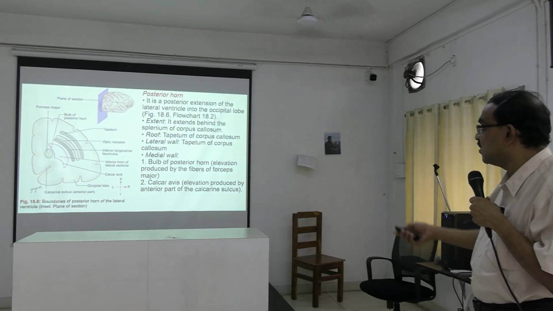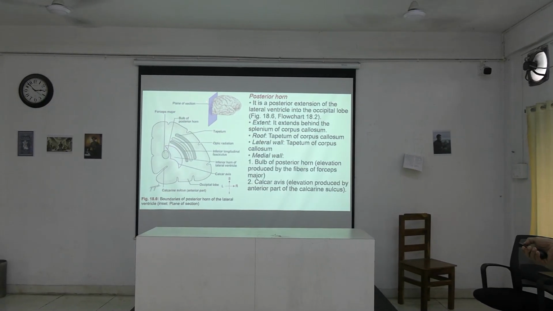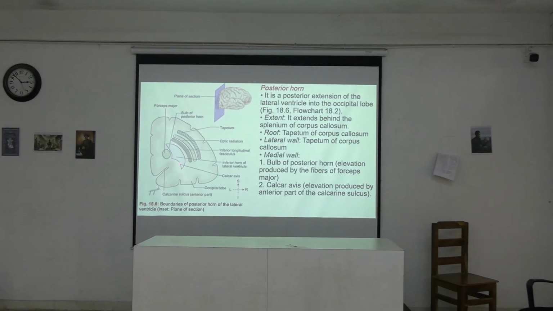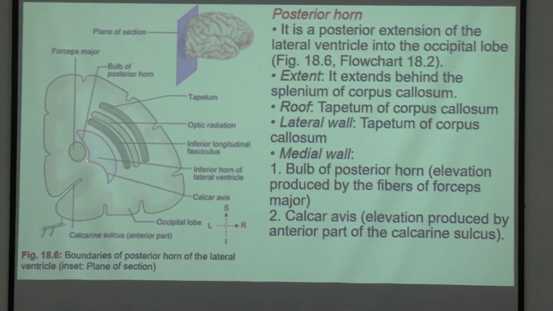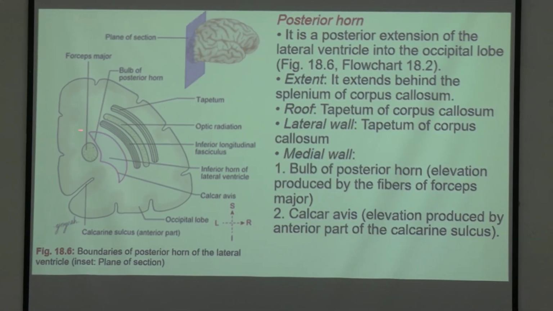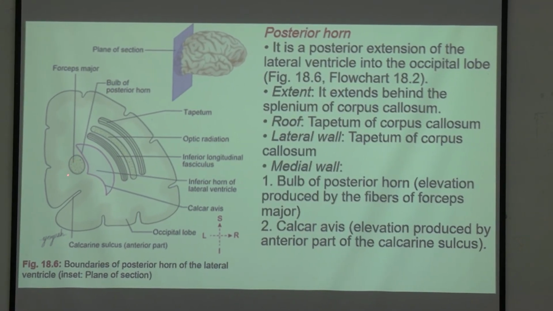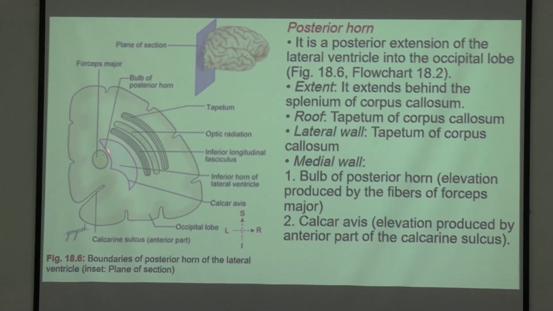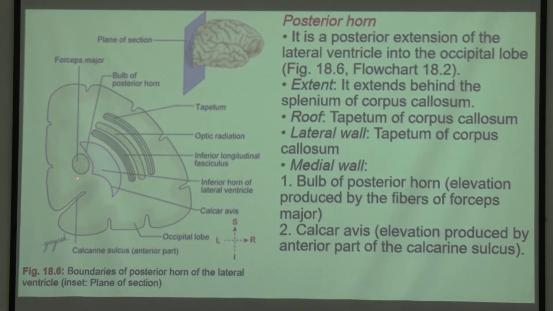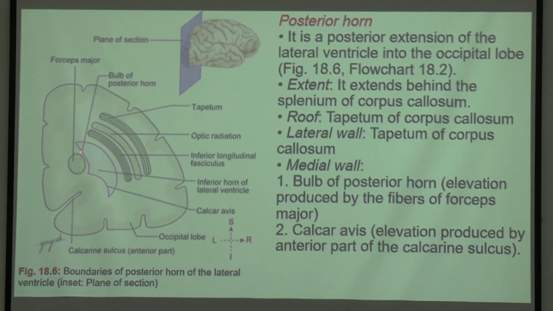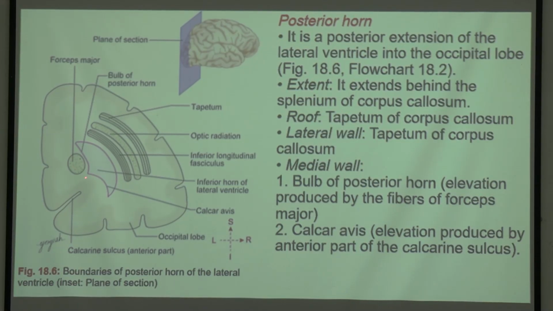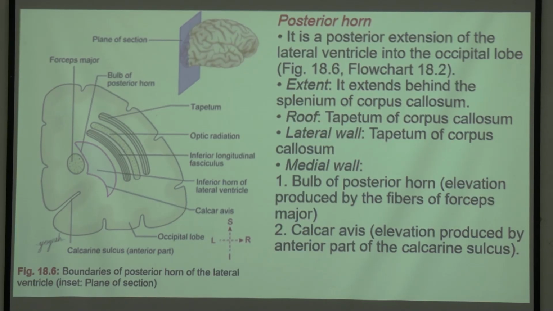Now about the posterior horn, which is present within the occipital lobe. This is the cross section of that area. This is the posterior horn, and here we can find two indentations. One is on the medial side above, caused by the fibers coming from the corpus callosum, called the forceps major fibers, and the other indentation is caused by the calcarine sulcus.